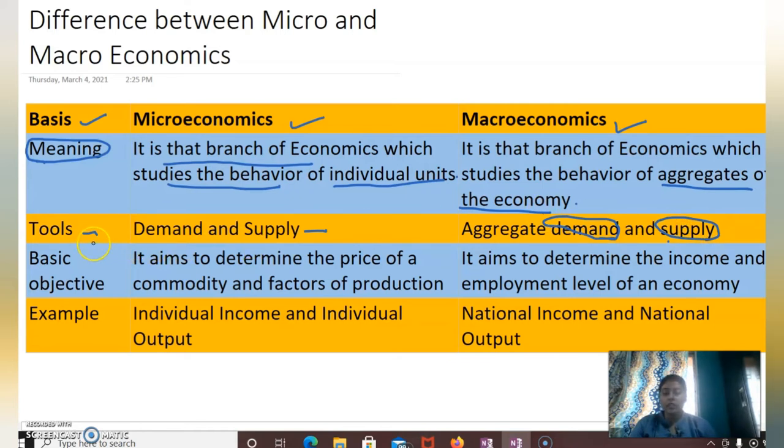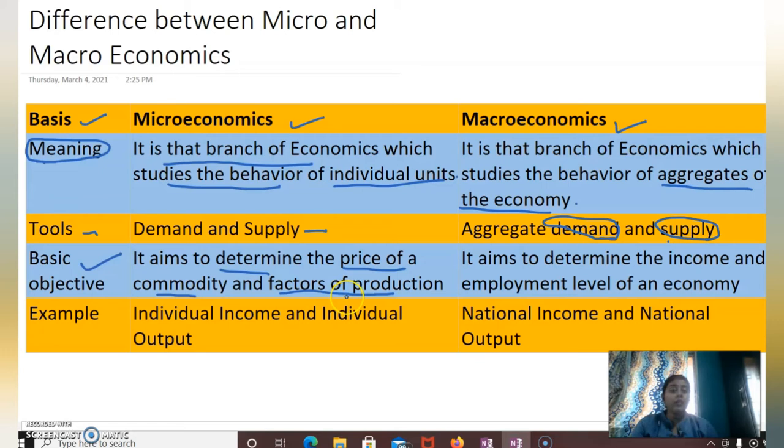Next basis is the basic objective. What do we get when we study microeconomics? We can easily determine the price of a commodity based on the individual demand, and the price of factors of production.